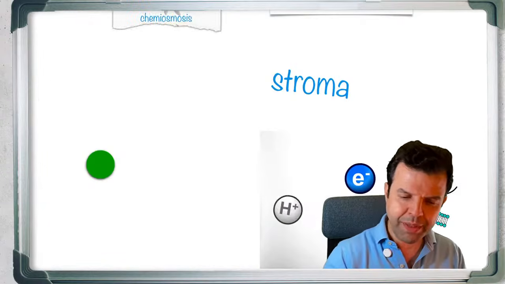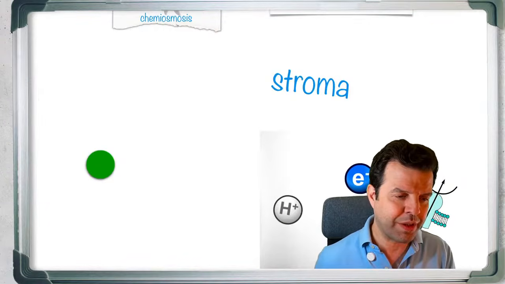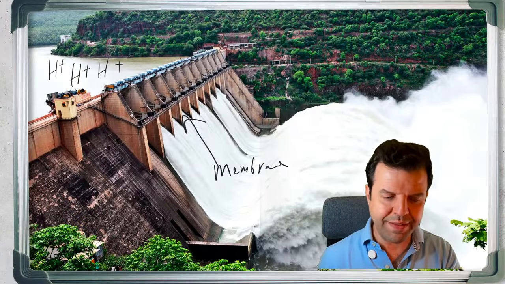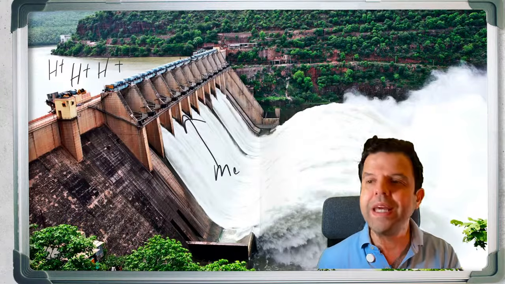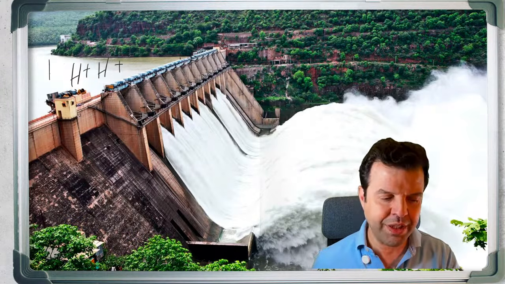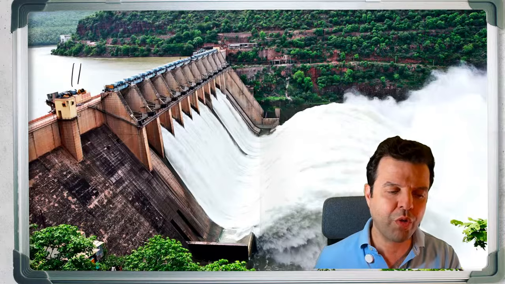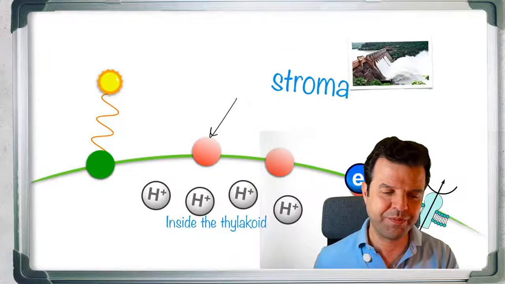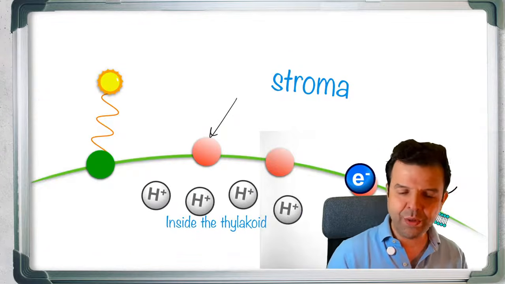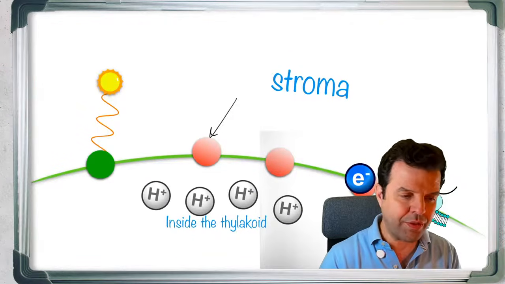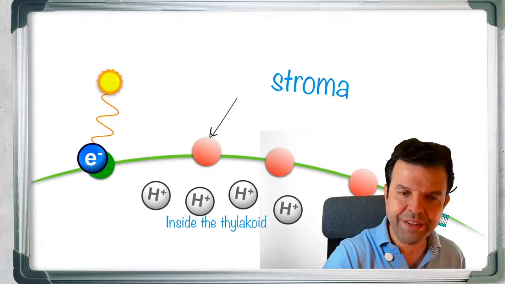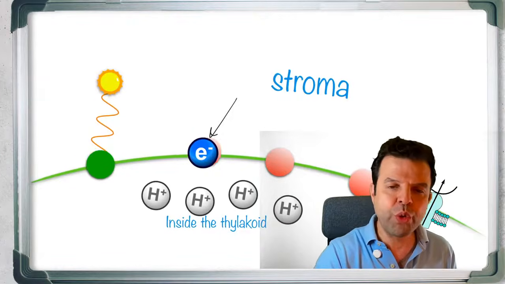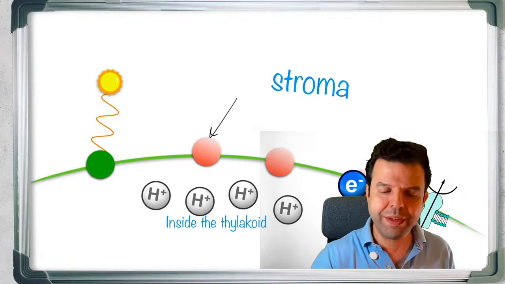One more time. How is this going to happen? Step one, what did we do? In step one, we excited electrons in one of those, we call them photosystems, okay? As we did this, the excited electron went from a higher energy state to a lower one like this.